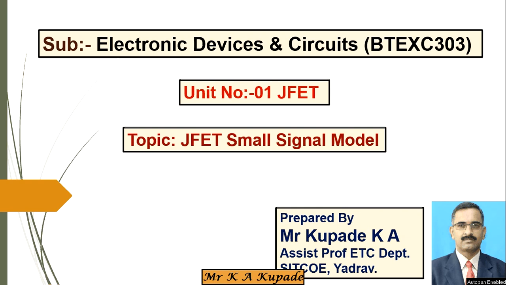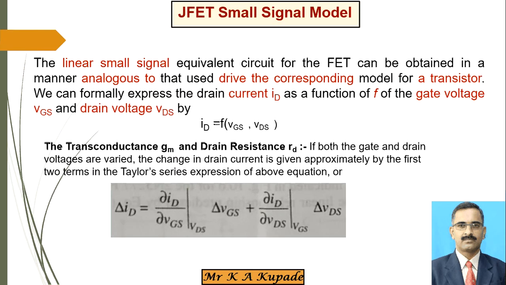Now, again we are considering the common source configuration of the JFET, and using it we are going to discuss the small signal model. So I am starting with the JFET small signal model in today's lecture.